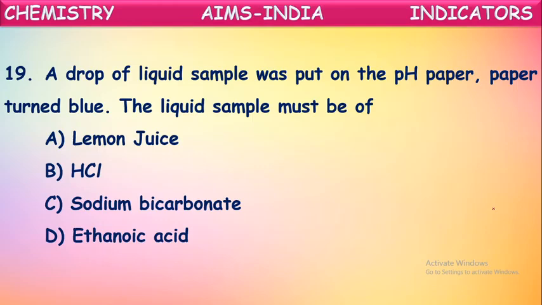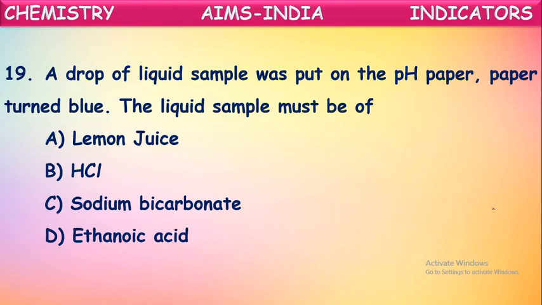When the pH paper touches basic substances, its color will be blue with basic solutions, red with acidic solutions, and green with neutral solutions. Now they told us the pH paper turned blue, which means the liquid sample is basic in nature.